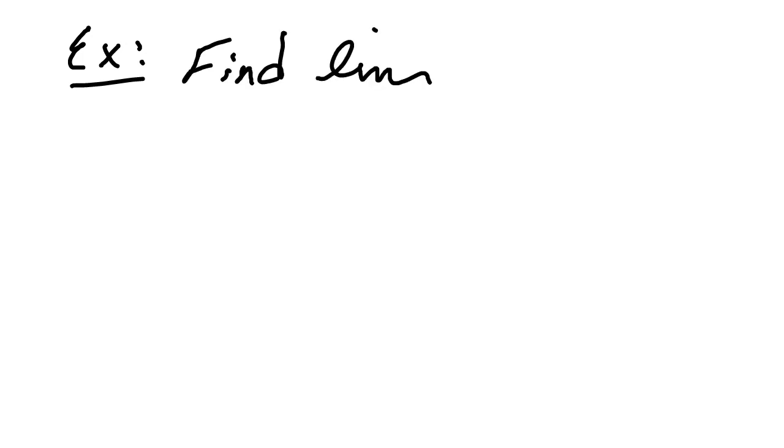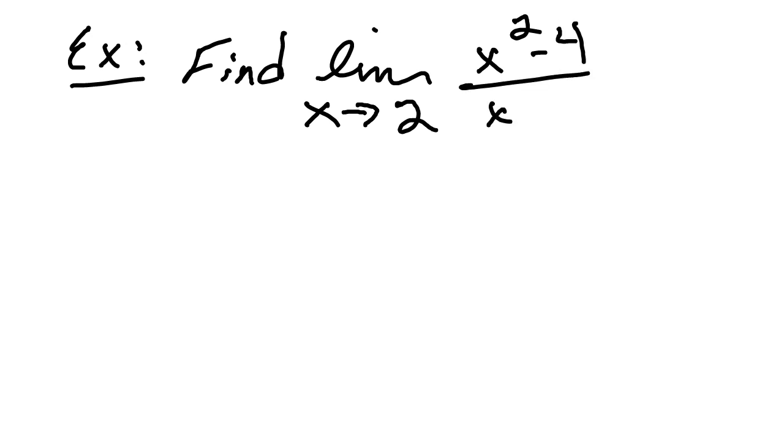So for an example, let's find the limit as x approaches 2 of x squared minus 4 over x minus 2. Is there a specific height that we approach here?